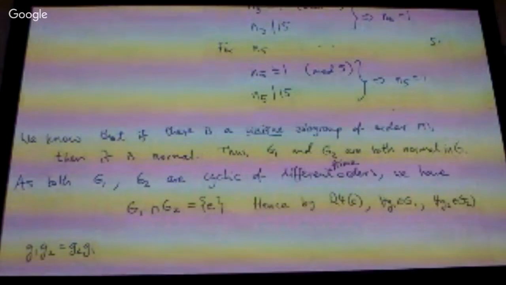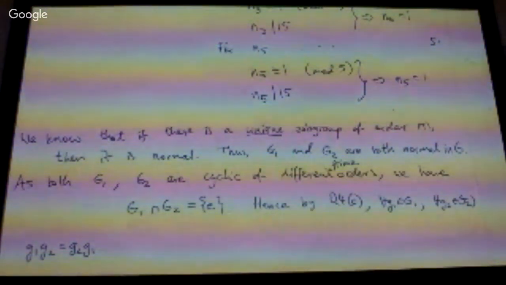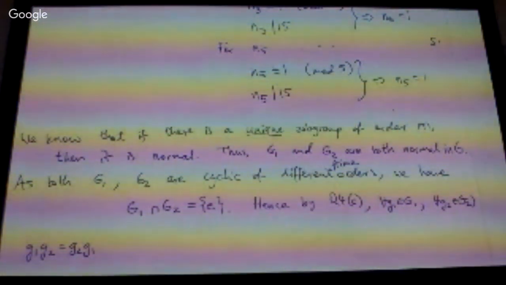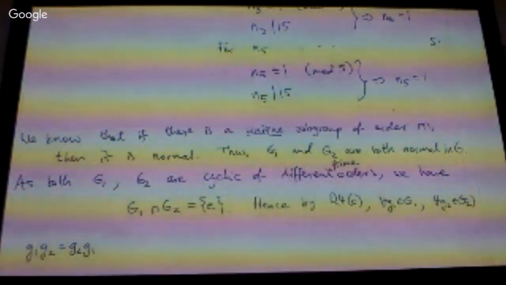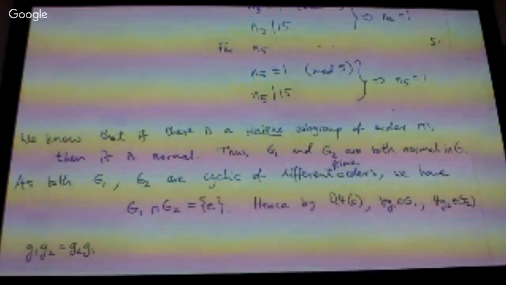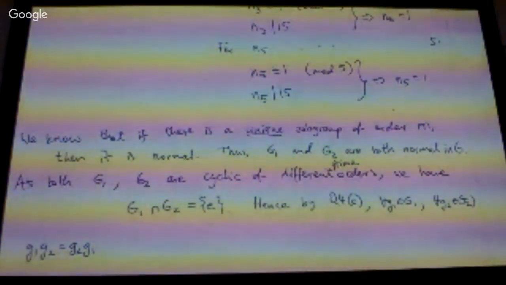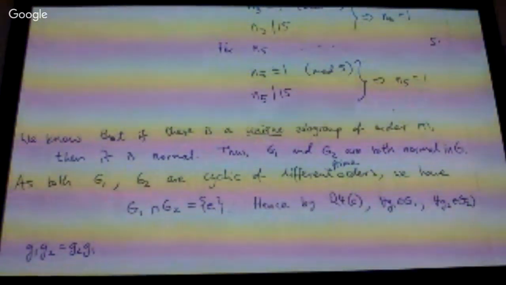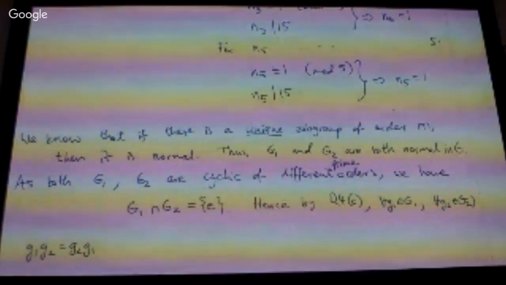So the question had a hint about internal direct product. Now it says that G1 and G2 meet the criteria to form an internal direct product in G, which I don't know what that means.